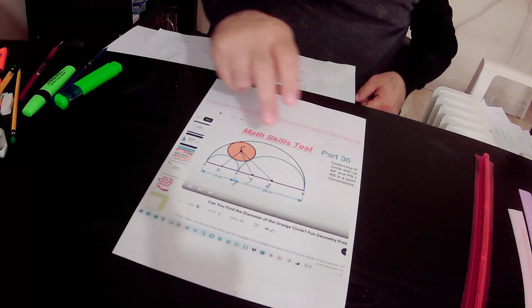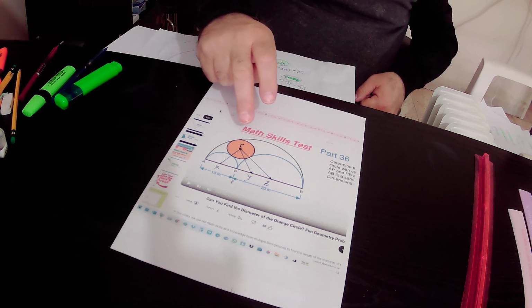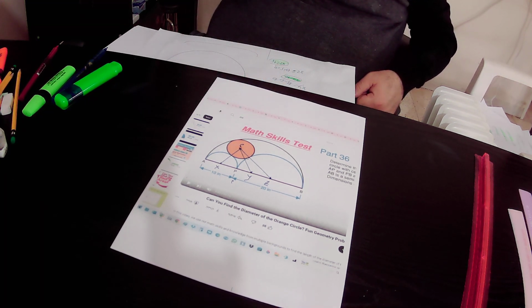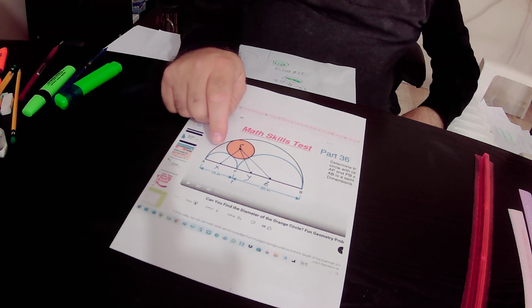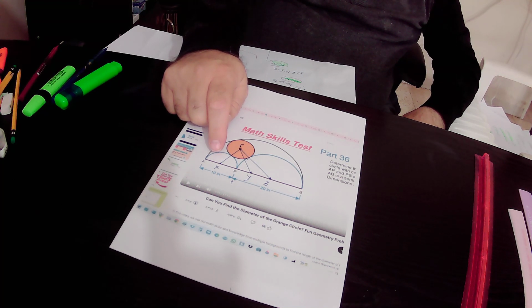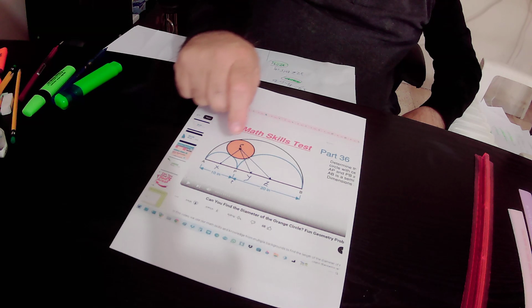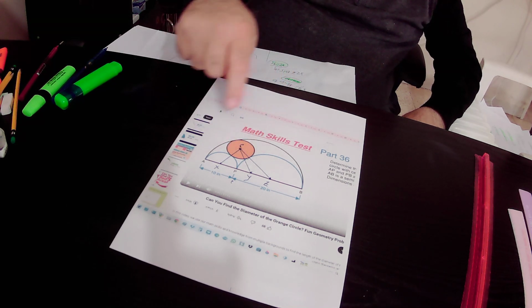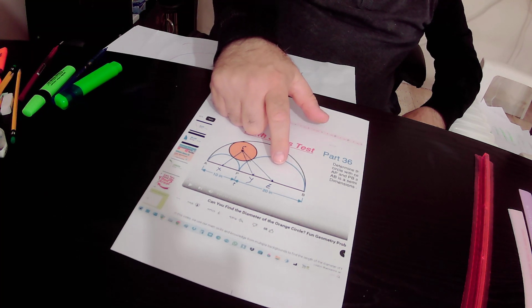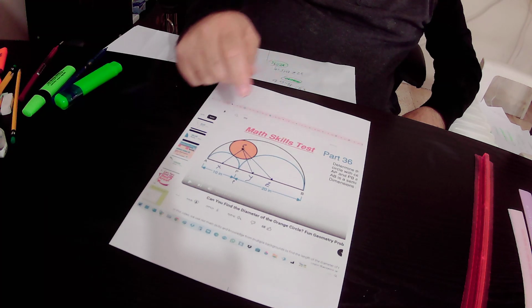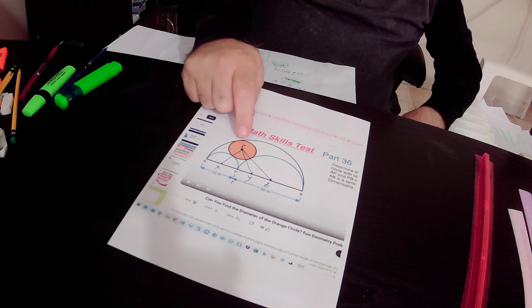The biggest semicircle consists of 2 small semicircles and the orange circle. We know that the radius of this semicircle equals 5 units. The radius of the biggest semicircle is equal to 15 units, and the radius of this semicircle is equal to 10 units. We define the radius of the orange circle as small r, and the center of this orange circle is at point C.